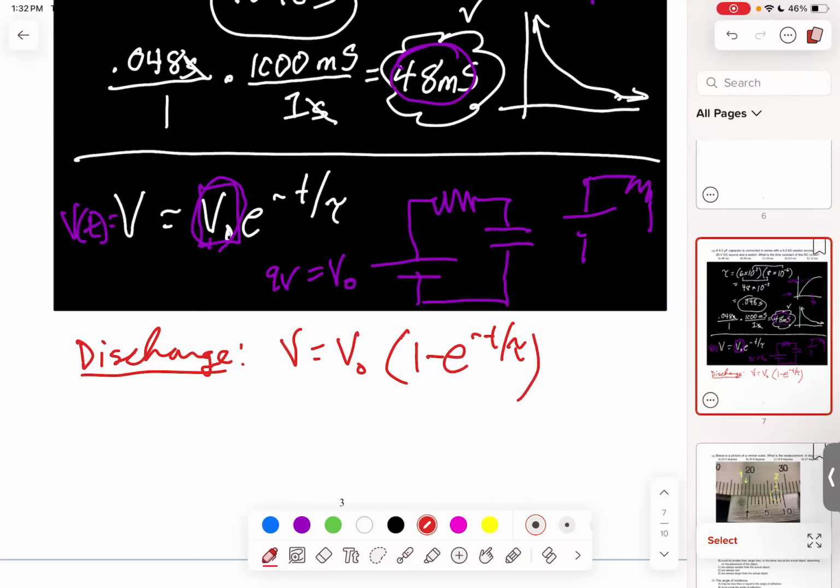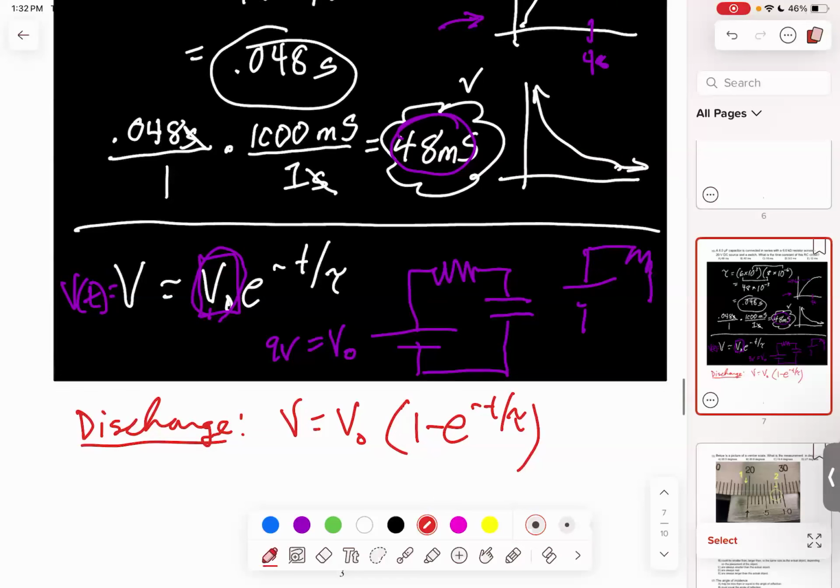And it does something very similar, but after 1 tau, it's going to discharge to, I believe, about 37%. So right about here, after 1 tau, whatever that value is, if it was 48 milliseconds, it would be at 37% of V naught.